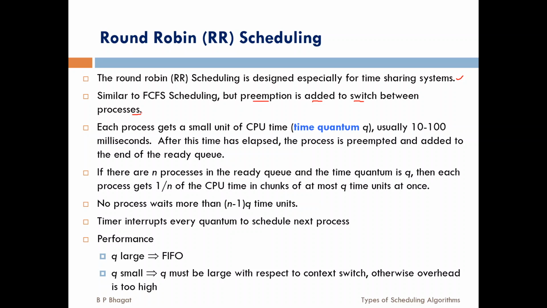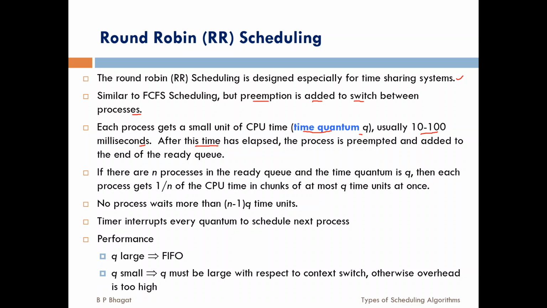That means in round robin scheduling, every process gets executed for a fixed amount of time, which we call the time quantum, usually denoted as Q. Each process gets a small unit of time, the time quantum, which is usually 10 to 100 milliseconds depending upon the operating system setting.